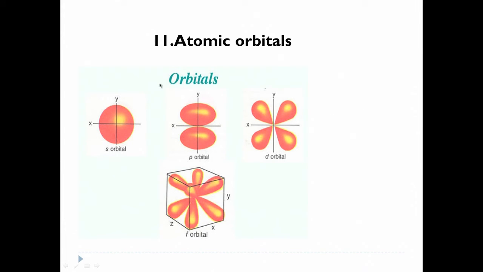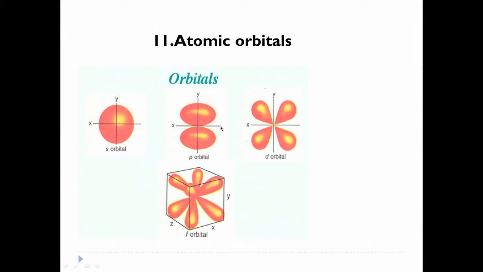Here is a practical representation of atomic orbitals. The s orbital you can see on the left side is fairly spherical, and the p orbitals are distributed above the bond axis.